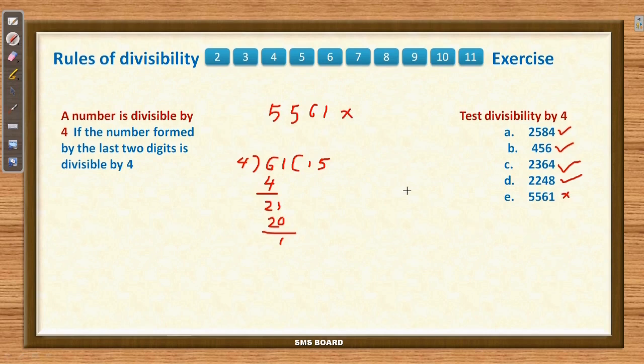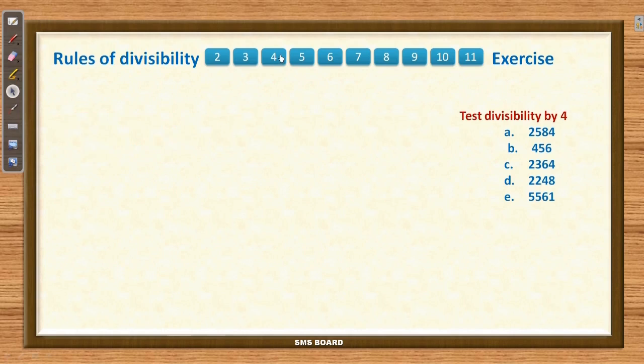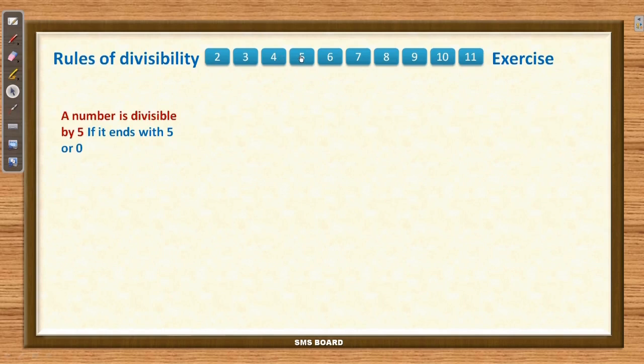Now let us go to the divisibility test by 5. What is the rule to test divisibility of a number by 5?